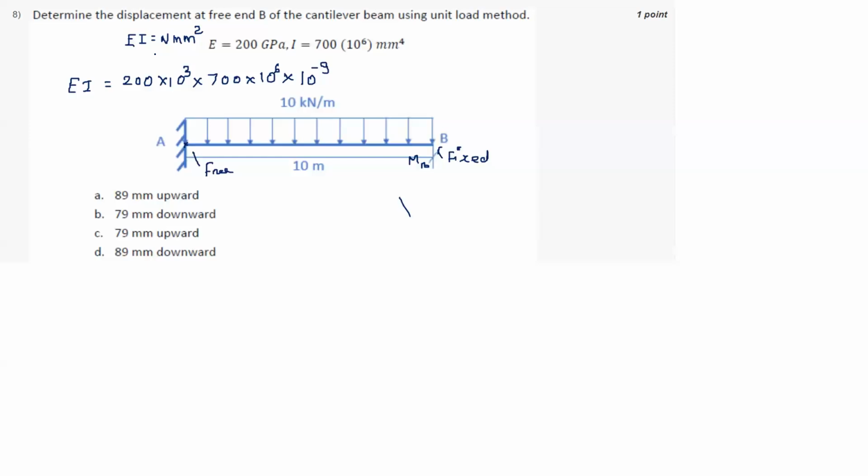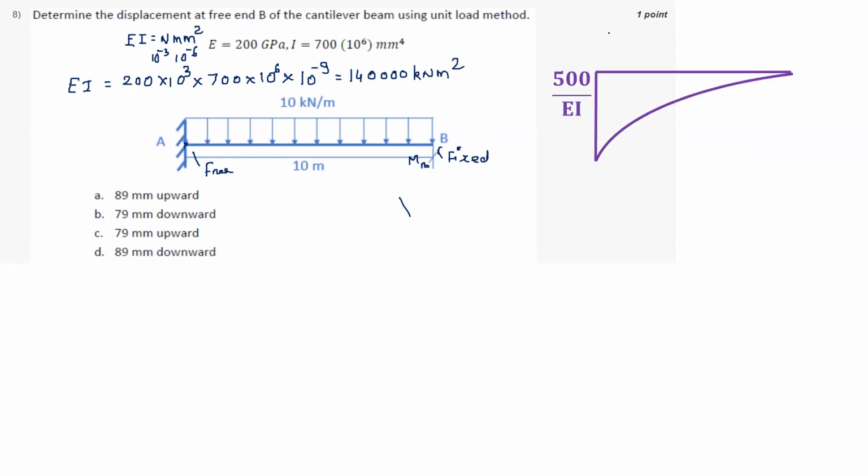To convert to kilonewton meter square, Newton to kilonewton is 10 raised to minus 3, millimeter square to meter square is 10 raised to minus 6, so we multiply by 10 raised to minus 9. Then we get 14, 1, 2, 3, 4 zeros, so 140 into 10 raised to 3 kilonewton meter square.